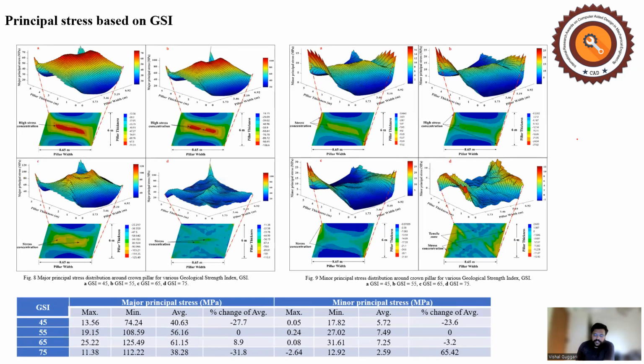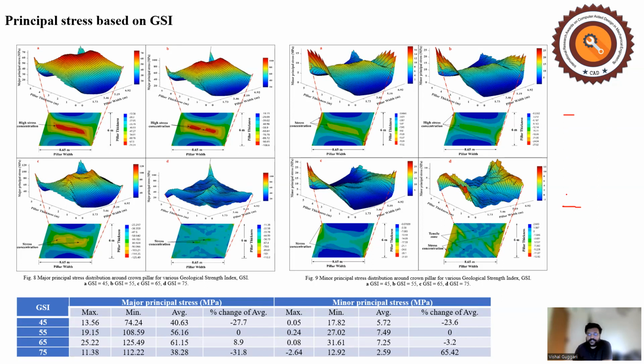So coming to GSI, as I said, if the rock mass has a lower value of GSI, it indicates that it has more geological discontinuities, and if you have more geological discontinuities in the rock mass, it reduces the strength. The rock mass which has a higher value of GSI has fewer geological disturbances.